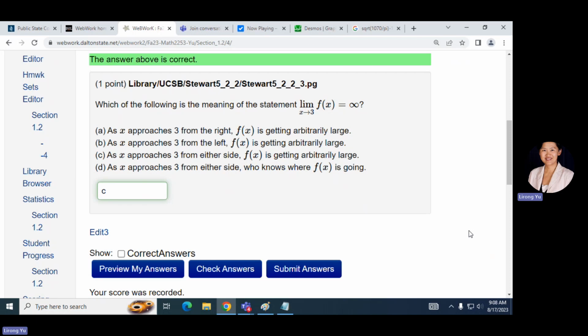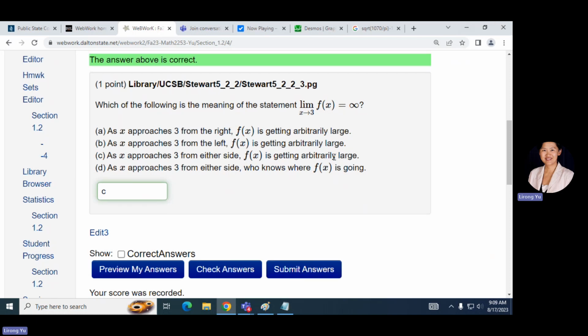For B, you'll be writing the limit of f of x as x approaches 3 from the left side is infinity. So A and B have a different notation. C is represented by this equation. The equation represents either side, left side or right side.